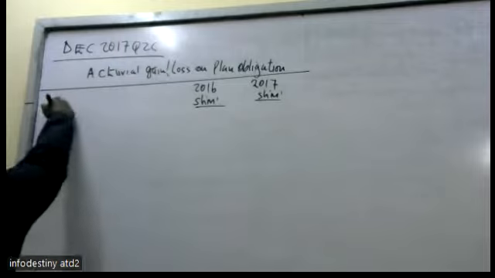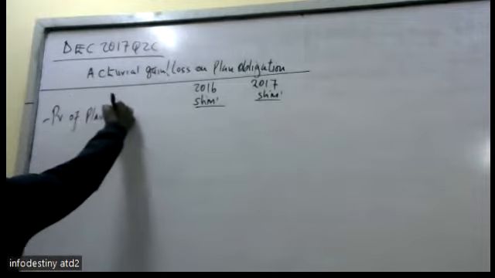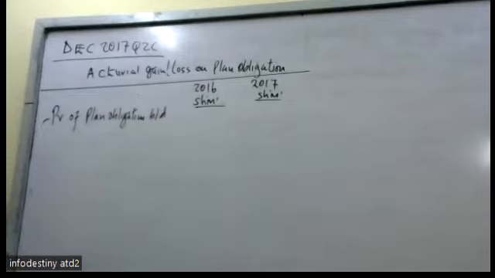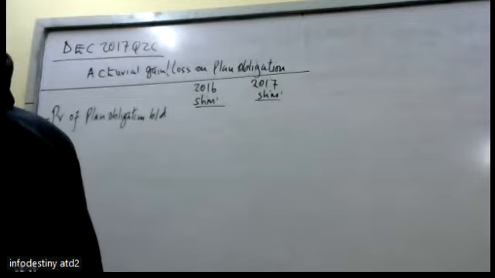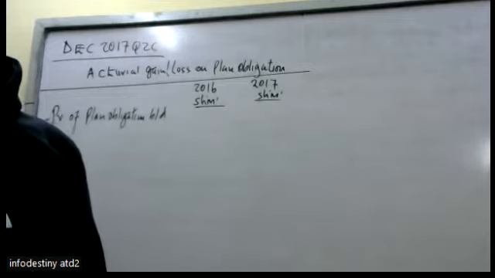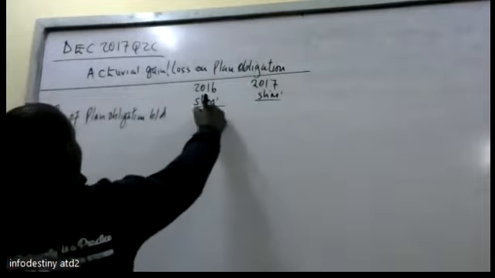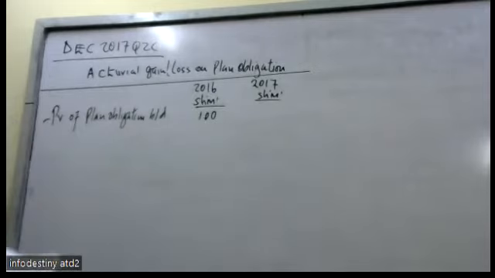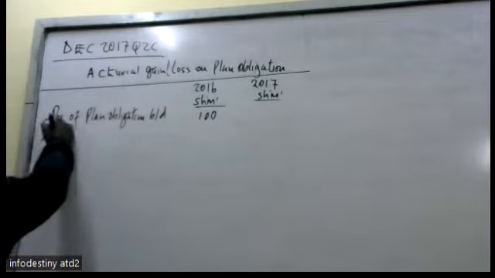So you start by saying present value of plan obligation brought down. How much is the present value of the plan obligation brought down? 100, correct. Now this is the projection we want to do. If you don't pay, we'll charge you interest.